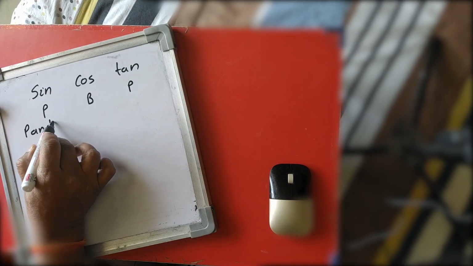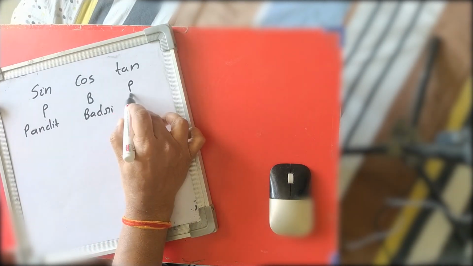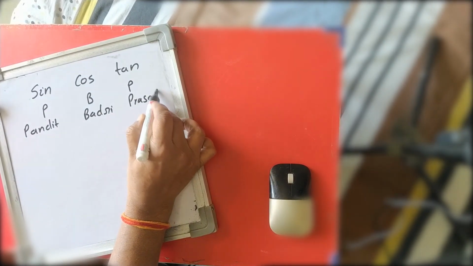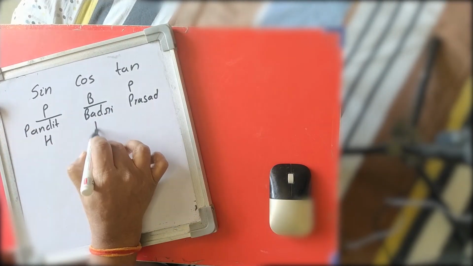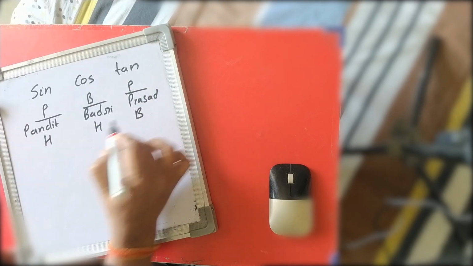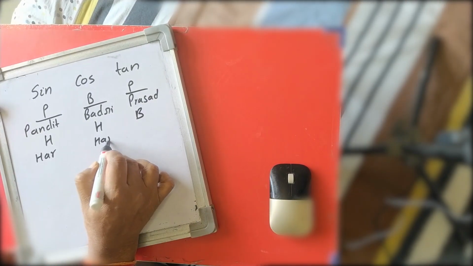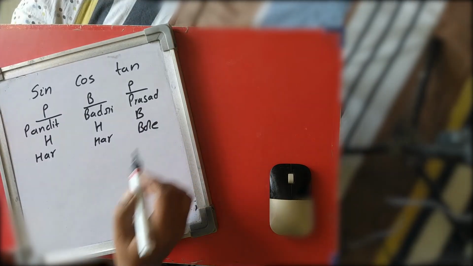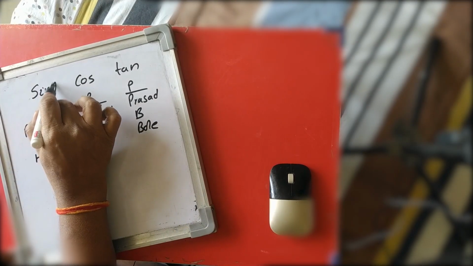Pandit, Badri, Prasad. And then we had upon H, H, B, or we will say Har, Har, Bole. It's a short way of remembering, but we can remember without this also, that would be great.